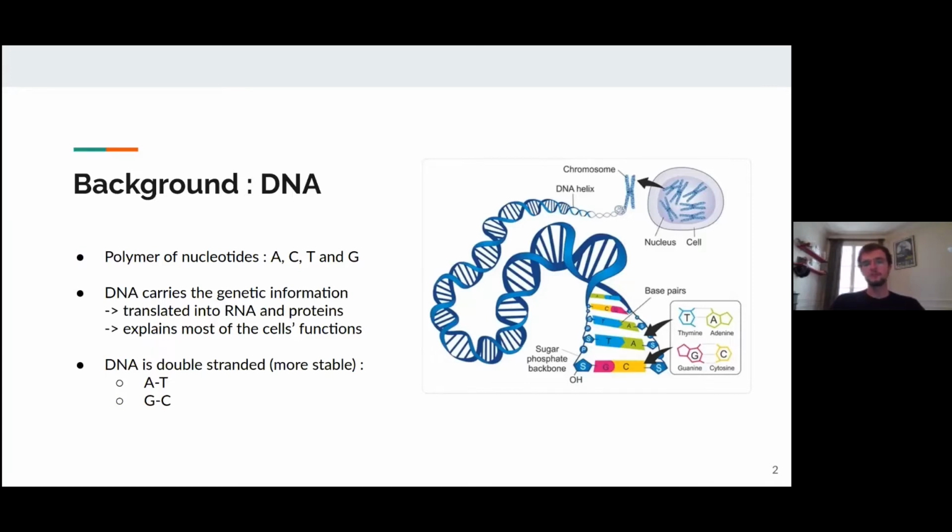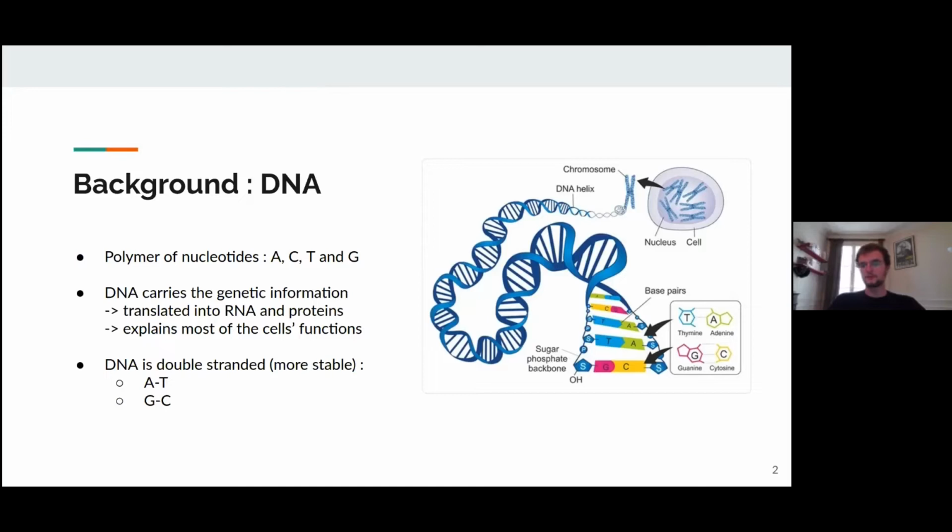This code is first translated into RNA, which I think is the focus of Carlos's work, and then this RNA is in turn translated into proteins. RNA and proteins are basically molecules that explain most of the function of a cell. So they are really the main focus of bioinformatics and biology, I would say.